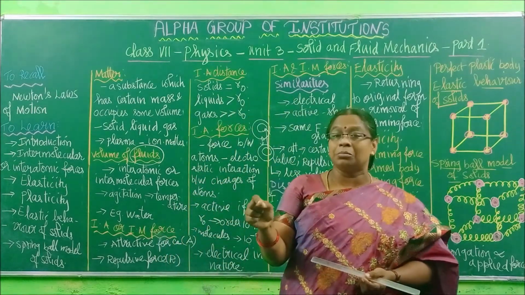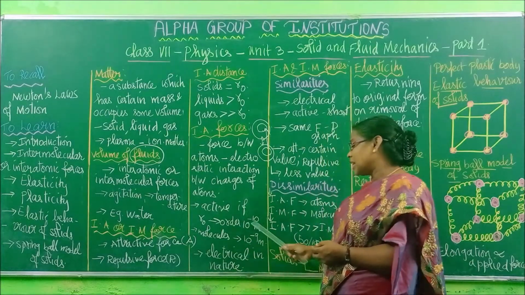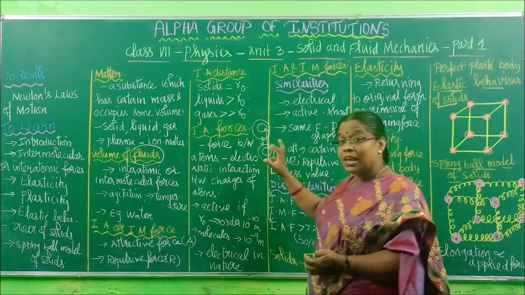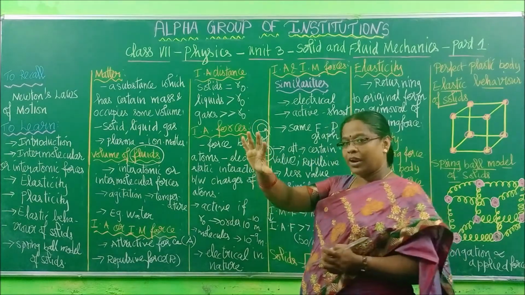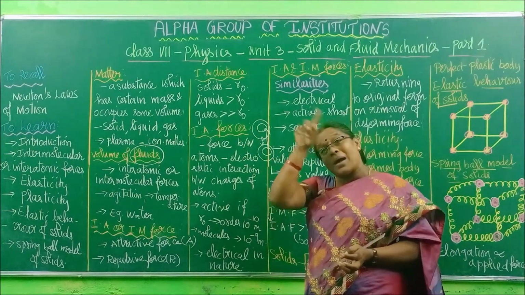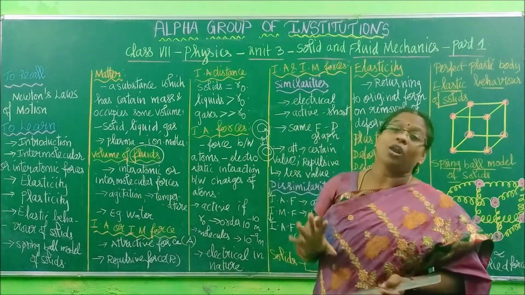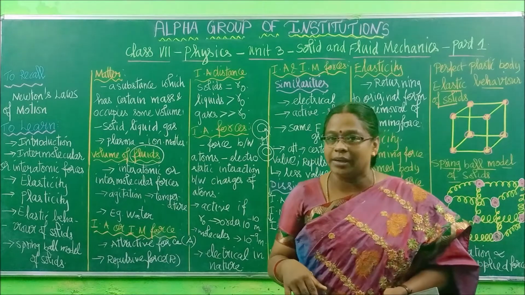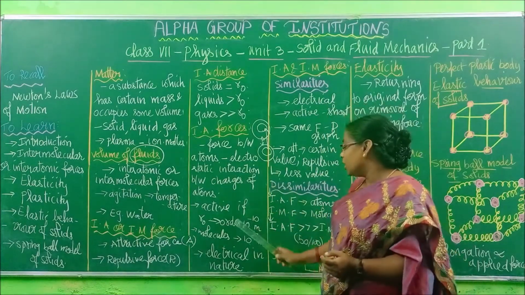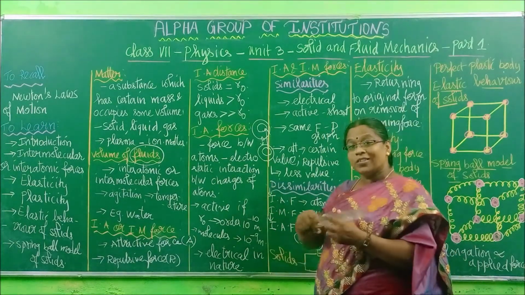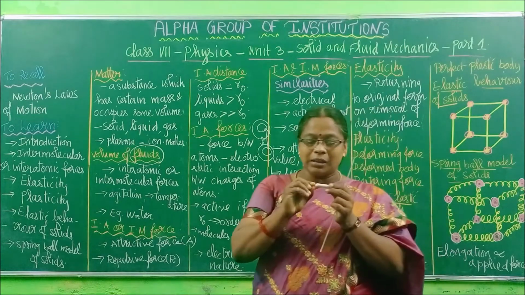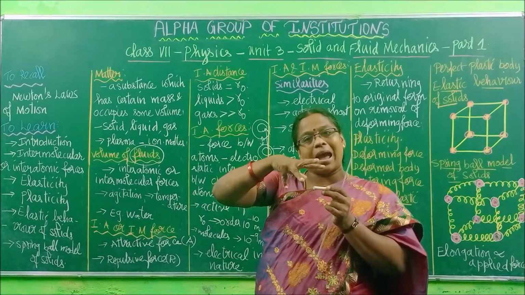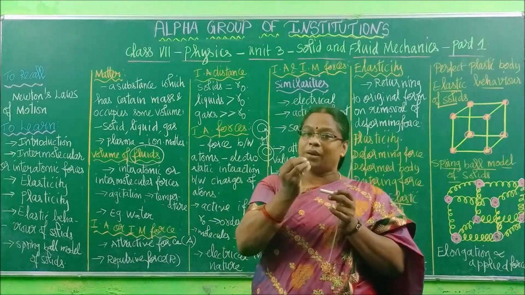Right. Now, this interatomic force will be active, will be very strong, if the distance between one atom and another atom is 10 power minus 10 meter. See, I have drawn it very big, right? But 10 power minus 10 is very small. You know that minus means it will come in the denominator, right? Only when the distance between two atoms is 10 power minus 10 meter. I am saying this in a macroscopic way, and explaining here in a microscopic way.